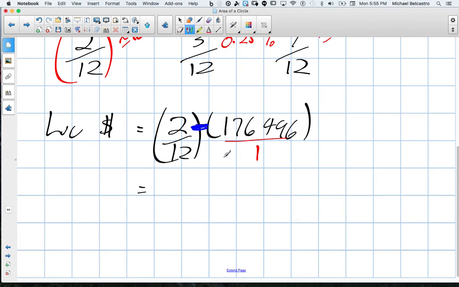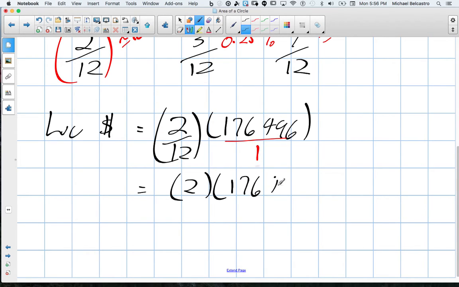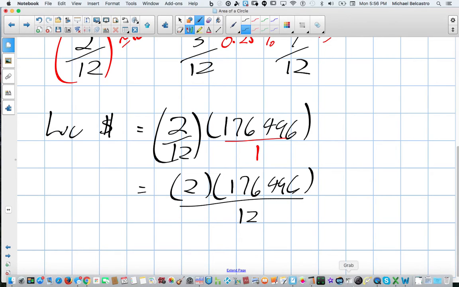We multiply the top by the top and the bottom by the bottom, and we end up with 2 times 176,496 over 12 times 1, which is just 12. The easiest way to think of it is to take the top number, multiply it, and then divide by 12.